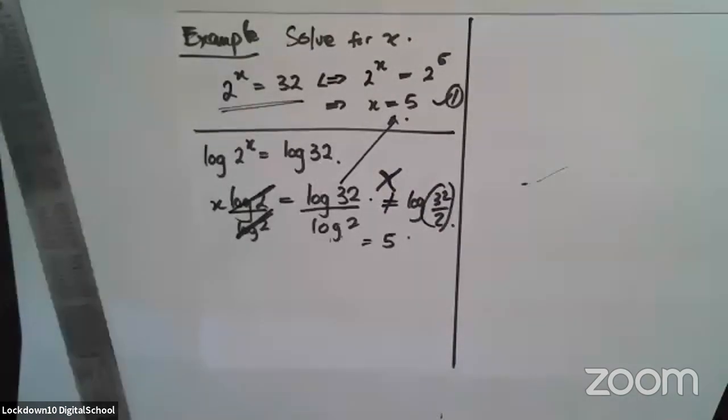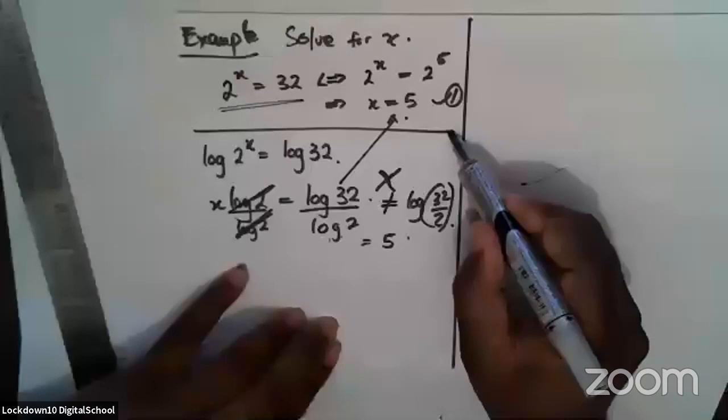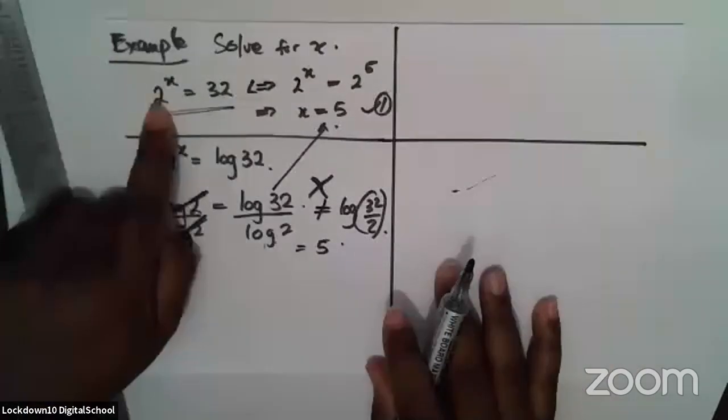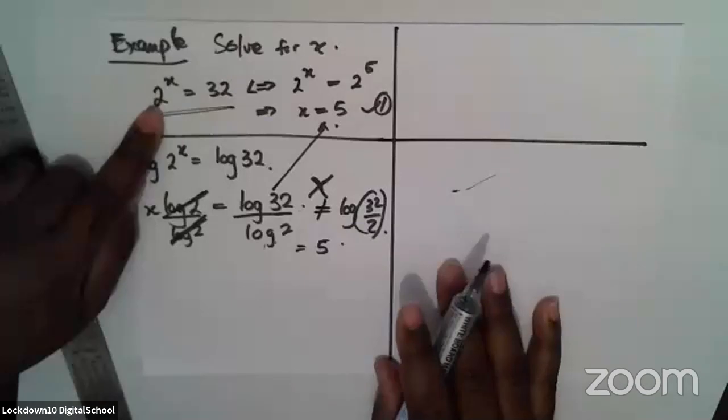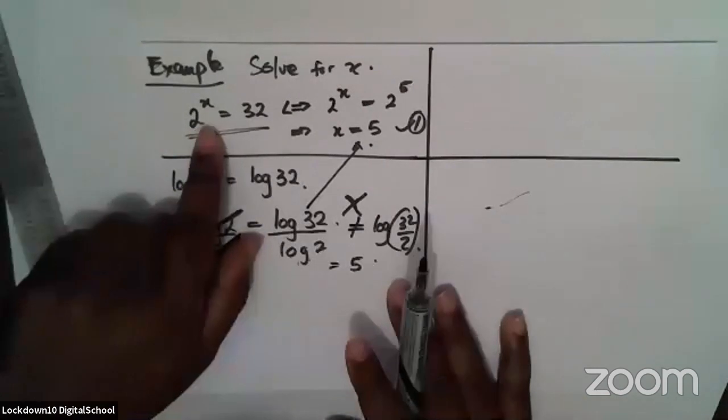So from here now, watch carefully. We can now derive our sixth law or our sixth statement. So please pay attention. Here we said, what is the power of 2 that gives me 32? Remember, when you're talking about logarithms, what is the power of 2 that gives me a 32?